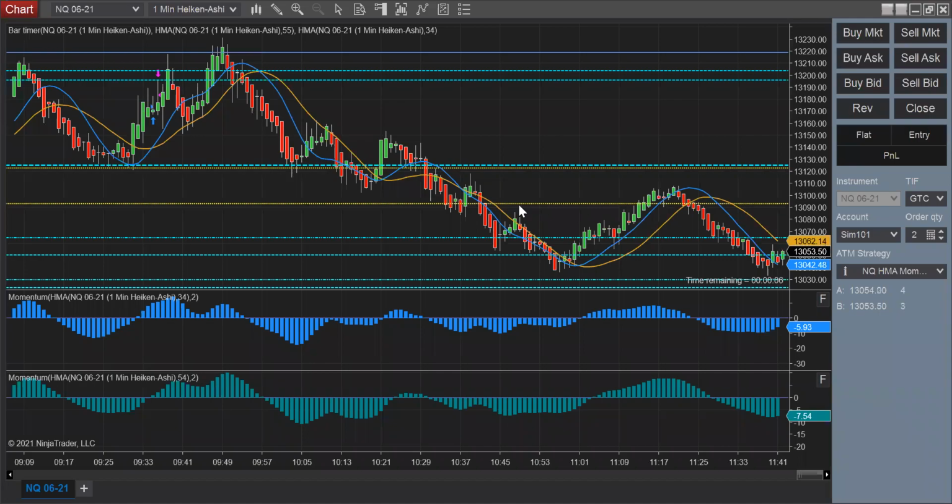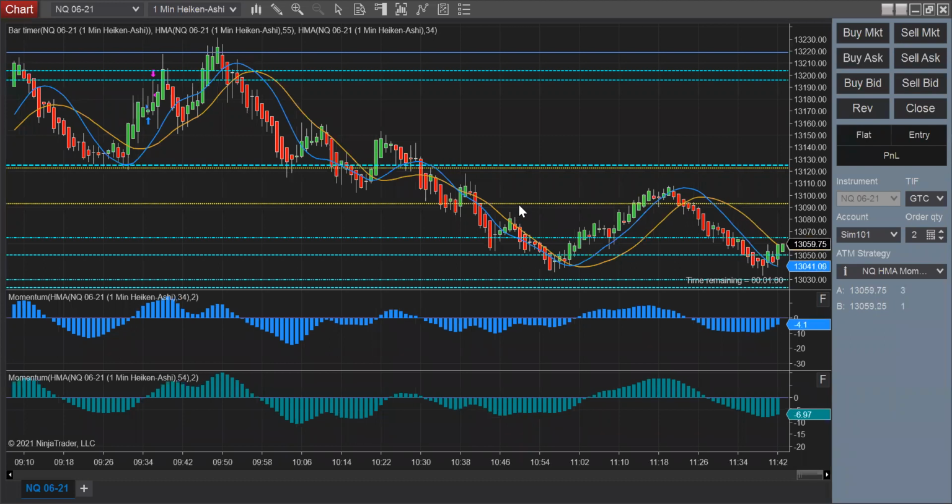Good morning. You're looking at an NQ chart. For those of you who are not aware of it, NQ is the symbol for Nasdaq 100, and this NQ gives you a great option for exposure to the Nasdaq 100 index, where your exposure is limited, and you can trade these futures with a small margin.